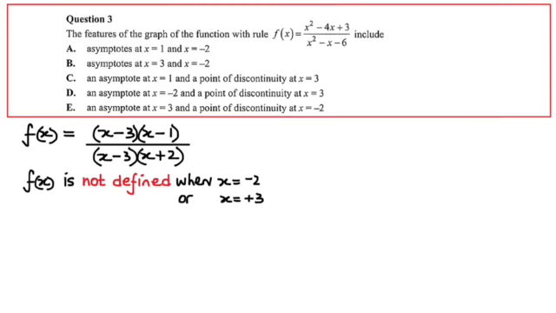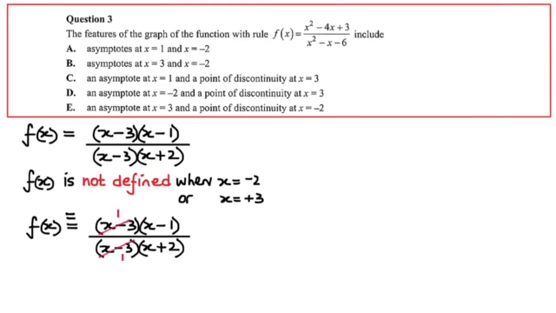So let's cancel out the x minus 3's, and then you can see that the function is actually just (x minus 1) over (x plus 2), remembering that it's not defined where x is 3, because that disappears out of the picture. So now we can easily turn that into something which we can recognise, which I've just started to do there for you, making part of the numerator the same as the denominator and then compensating with this term here.